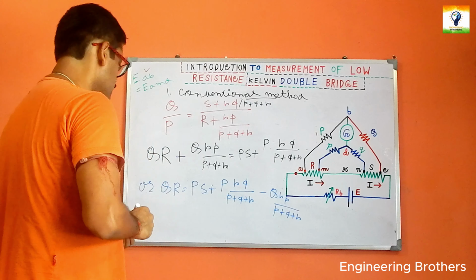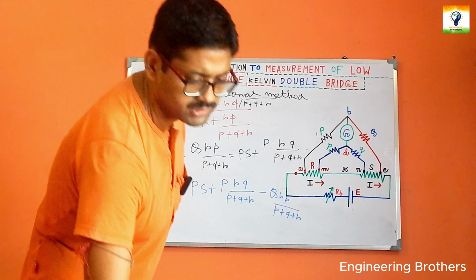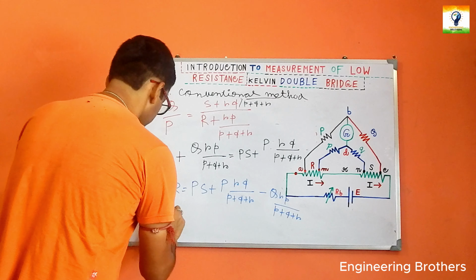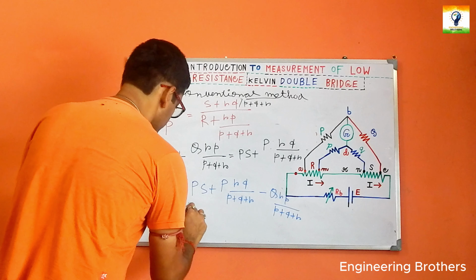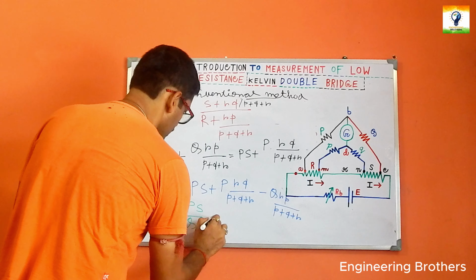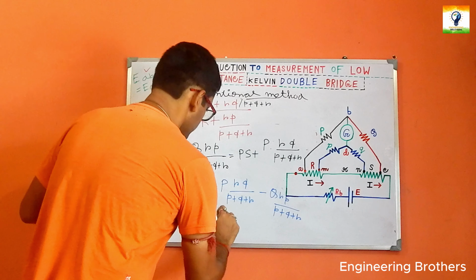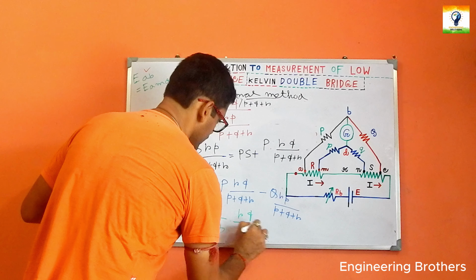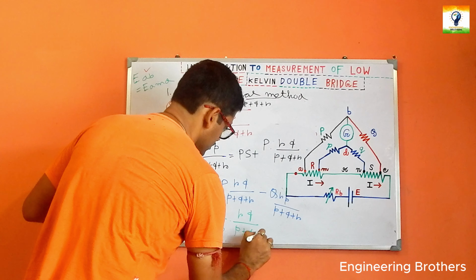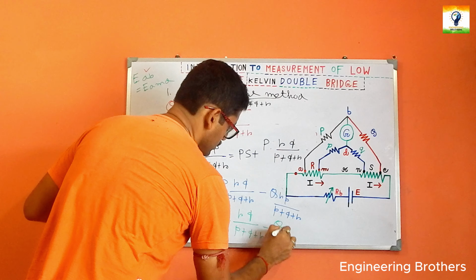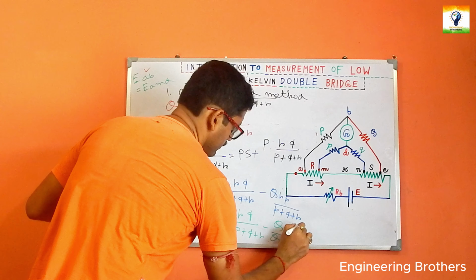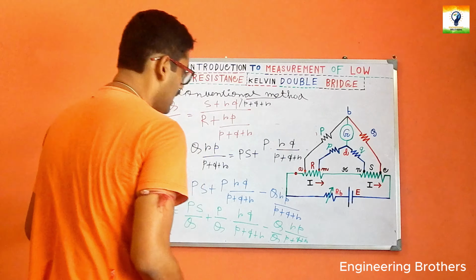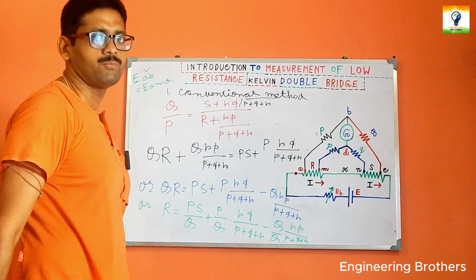Now finally we can transfer the Q to the other side of our expression. The expression will be the unknown resistor R, which is PS divided by Q, plus P by Q times RQ divided by P plus Q plus R, minus Q by Q RP divided by P plus Q plus R. Now you can relate this with the previous part of our analogy.